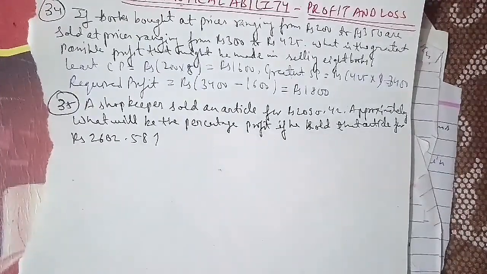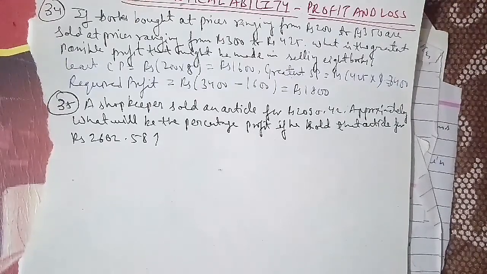Options are 15, 20, 25 and 30 respectively. That is what we have as options here. So we go ahead for the solution.